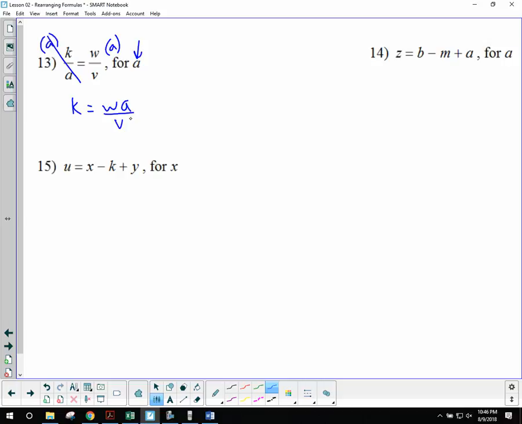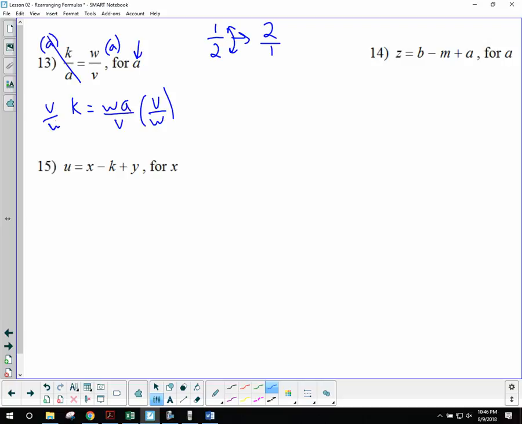If you multiply by the reciprocal of that WV, let me show you an example of what reciprocal is. Let's say we have 1 over 2. Its reciprocal would be 2 over 1. You're just flipping the fraction. Well, that's what we're about to do. We're going to flip this WV. So V over W.